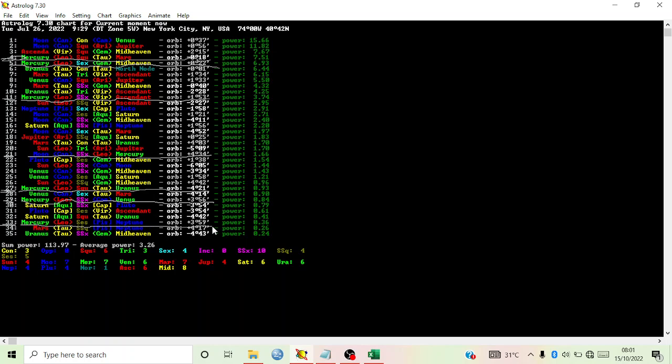So to just recap what these orbs mean. If we have a positive orb, it simply means that we still have this number of degrees. Let's say the first aspect, which is Moon conjunction Venus, the orb is positive, and we have 0 degrees 37 minutes.